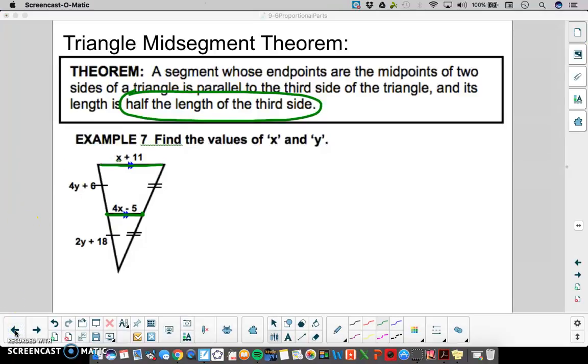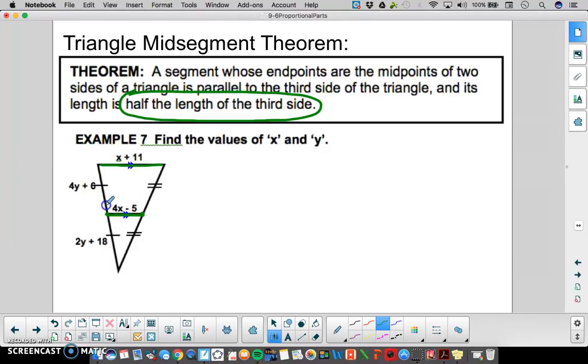That means it's going to take 2 of these to equal x plus 11. So I would set that equation up to solve for x by saying I need 2 4x minus 5s to equal x plus 11. And then solve that resulting equation.